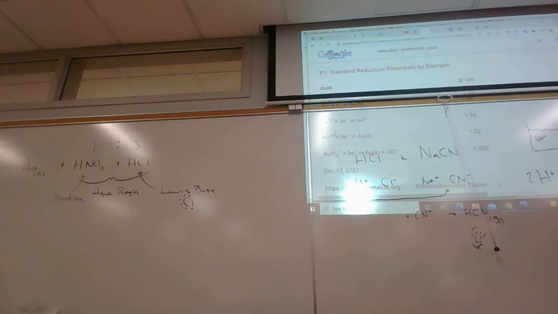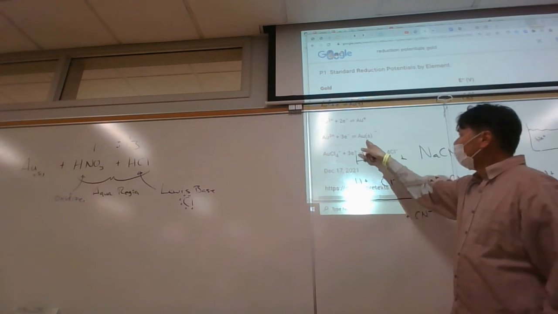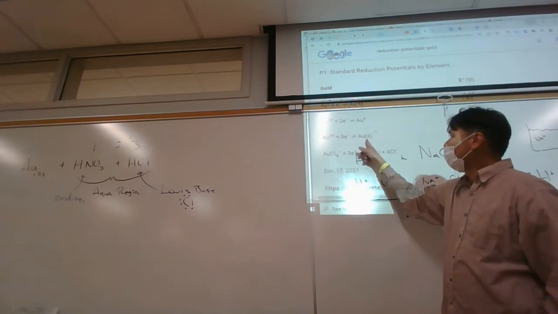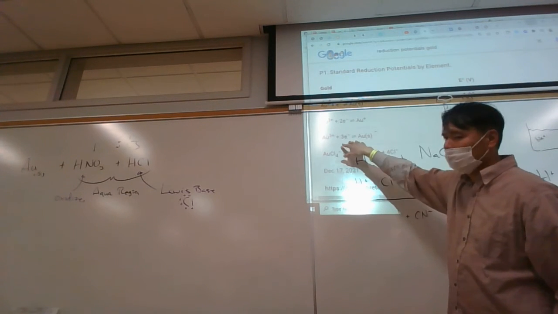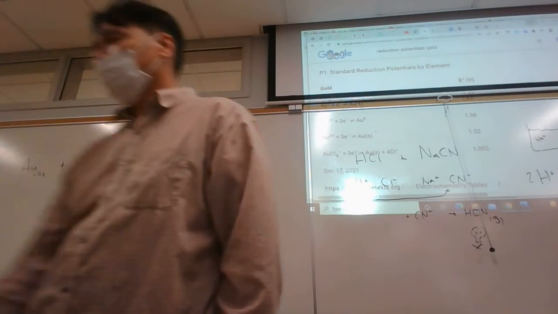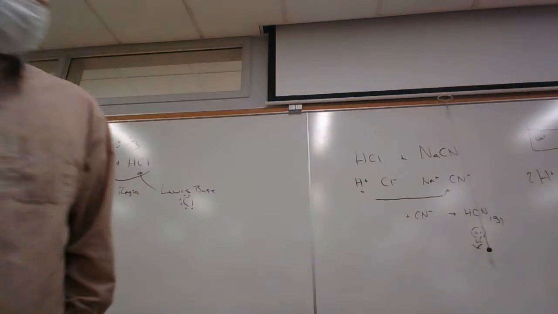This is the gold to the gold-3, but I'll reverse that. Gold is a reactant over here, not a product. So I'm going to take this half reaction, flip it the other way, and then put those together.